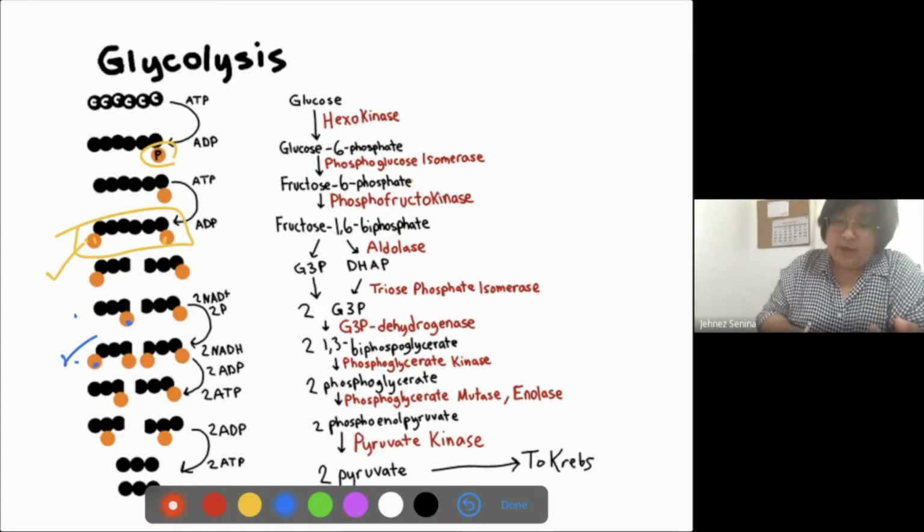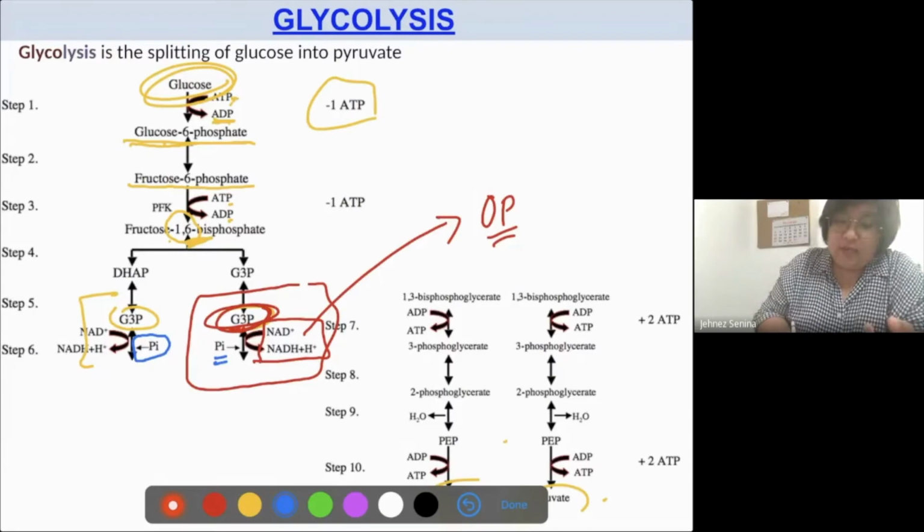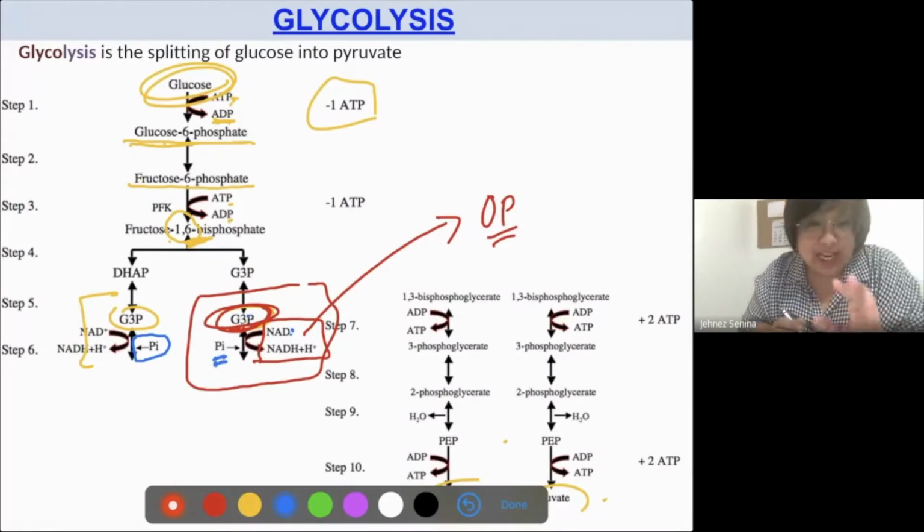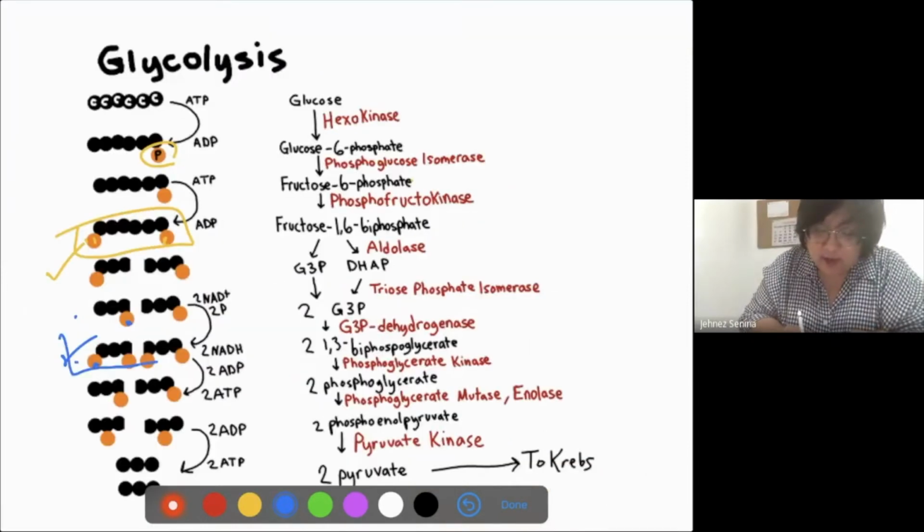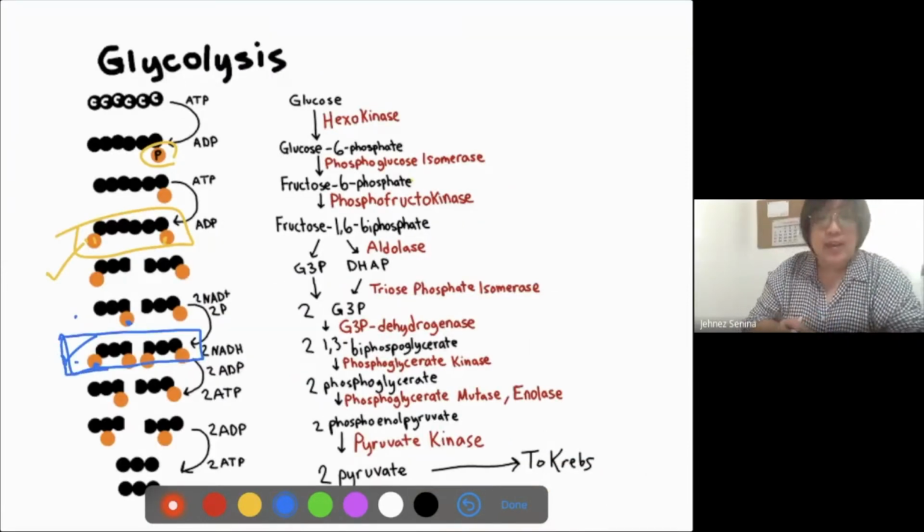When G3P is oxidized and NAD plus is reduced, the molecule is also phosphorylated again. The name of this phosphorylated molecule is 1,3-biphosphoglycerate. You can see there's phosphates again there.